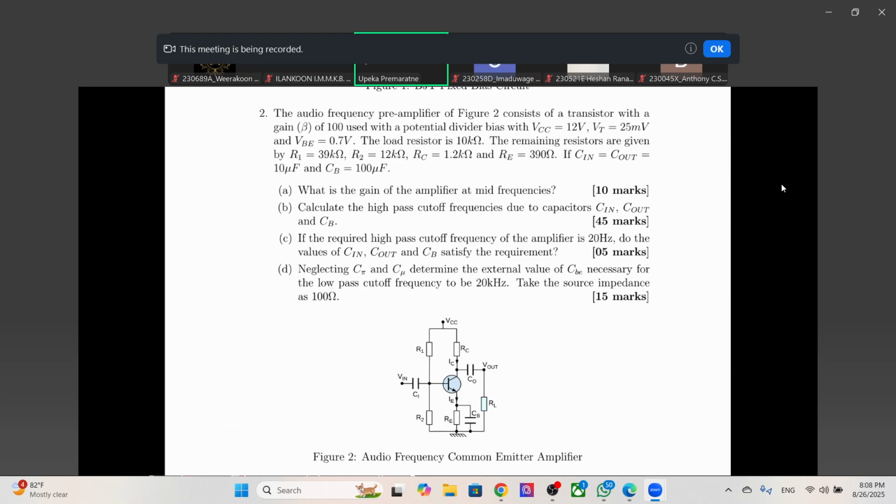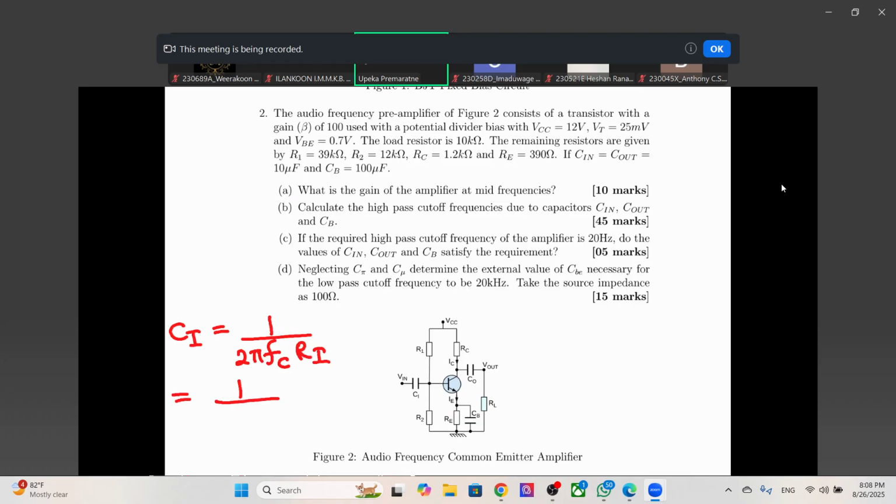So we'll start off with the value of Ci. That will equal 1 divided by 2 pi f cutoff times Ri.